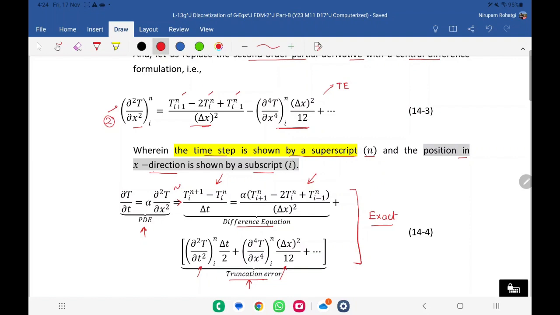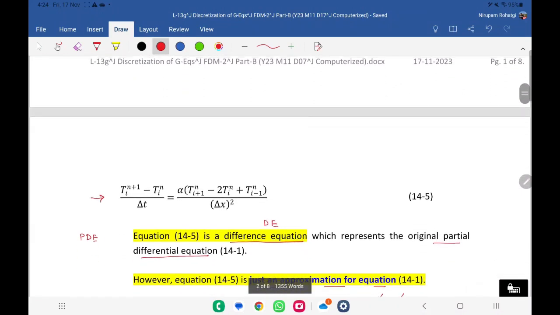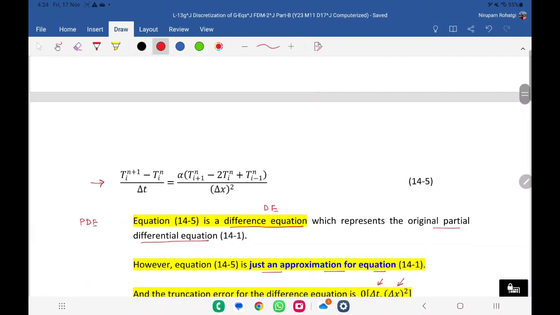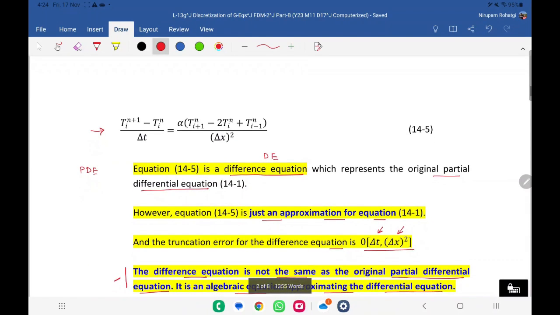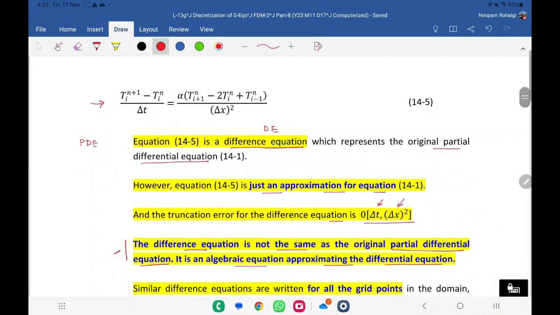So this becomes your equation, and this is an algebraic equation which is called the difference equation, right? And it represents the partial differential equation. I said that this is an approximation because we have left out the truncation error, and the order of the truncation error is given here.